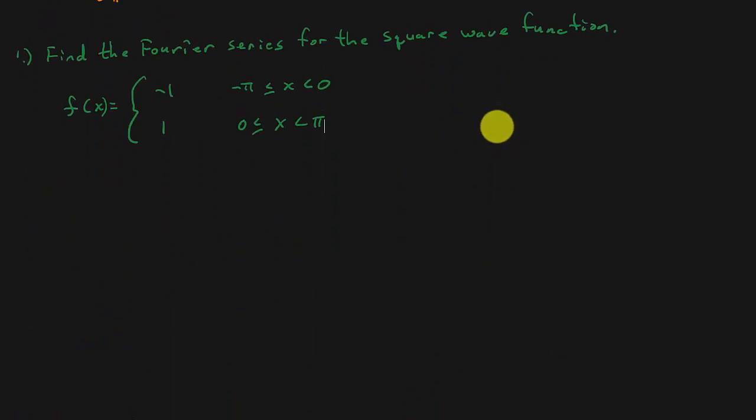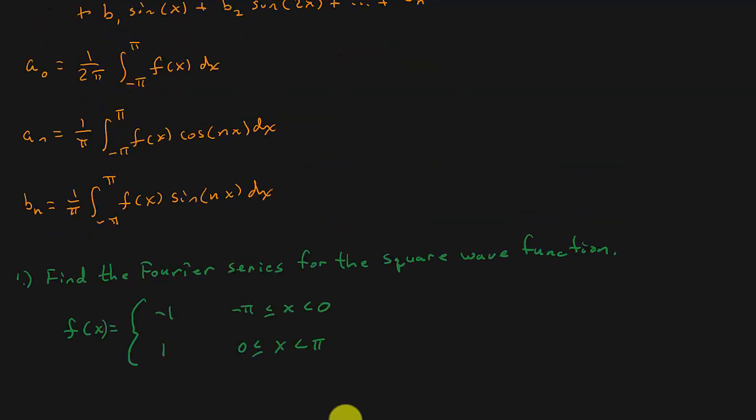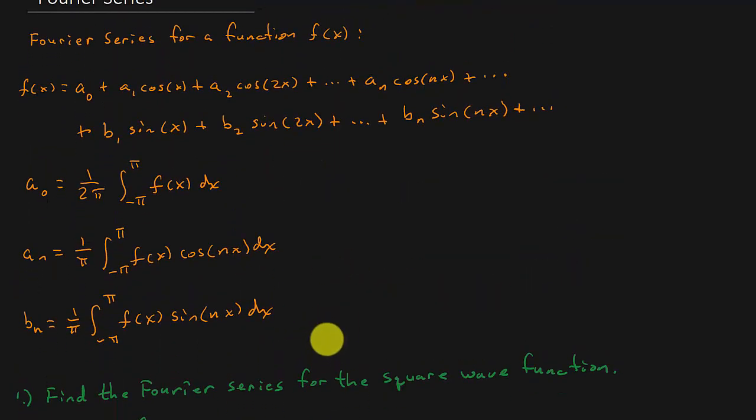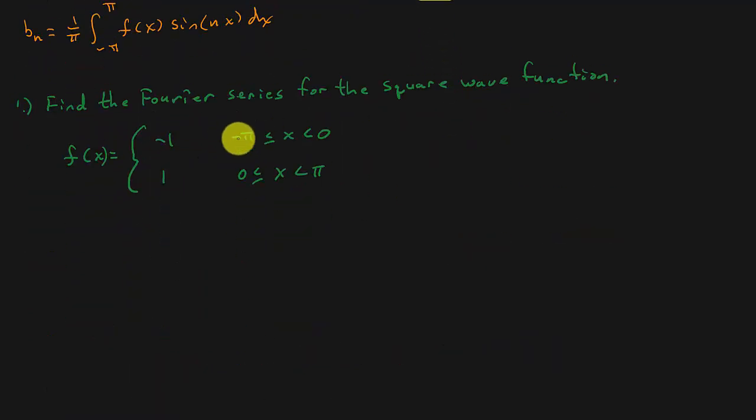So they want us to find the Fourier series for the square wave function f of x equal to -1 if x is between negative pi and 0, and 1 if it's between 0 and pi. Now, later on in the video, notice this Fourier series is for when we're from negative pi to pi.